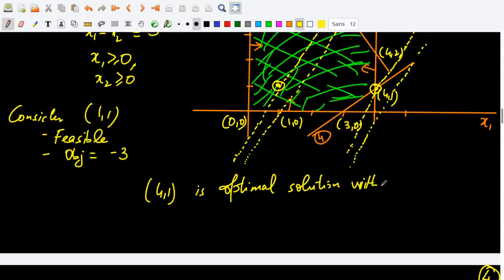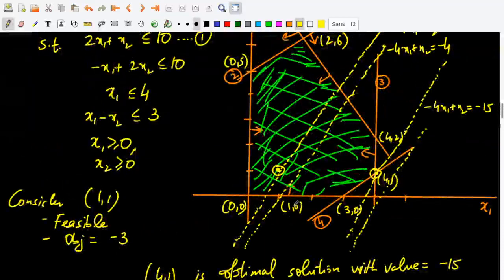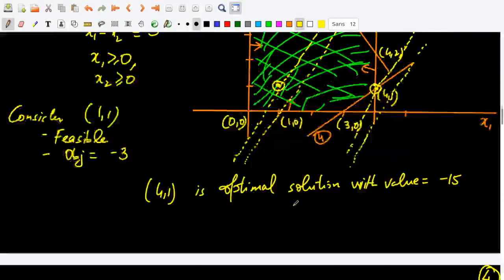And the objective value at this point is -15. Note that in this case the optimal solution is unique.